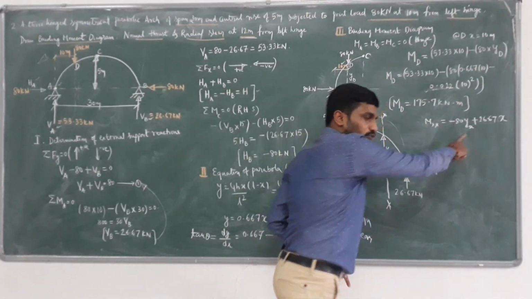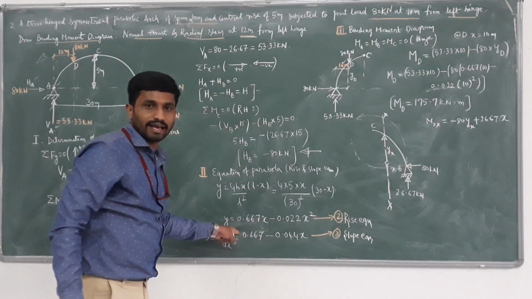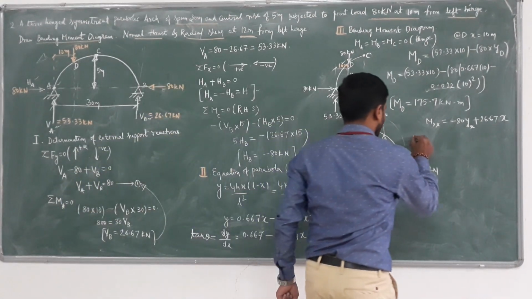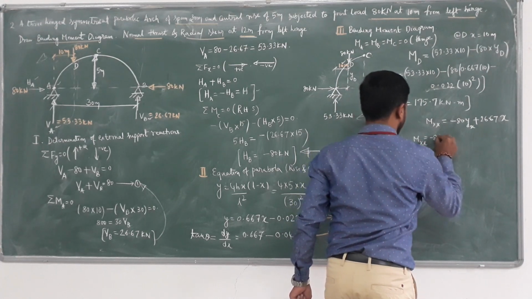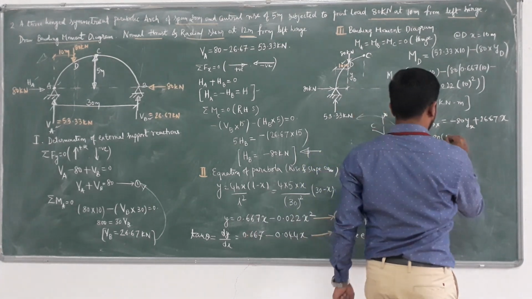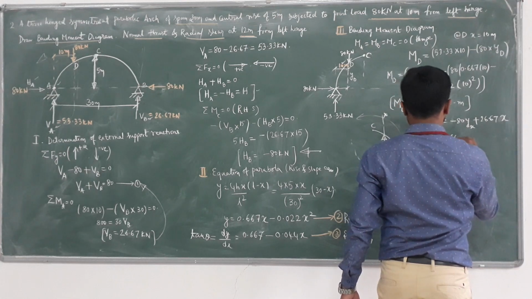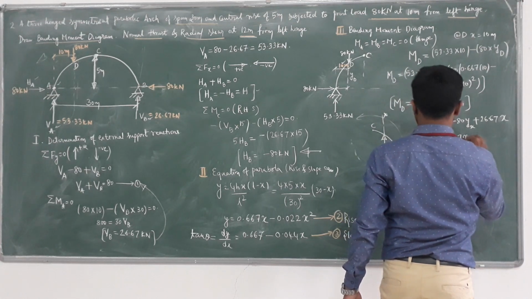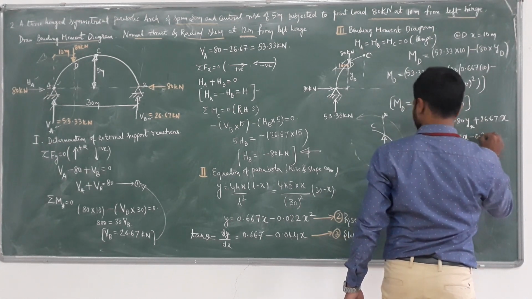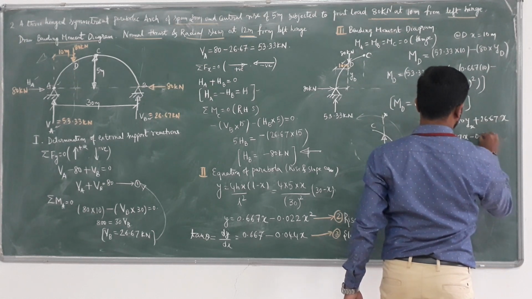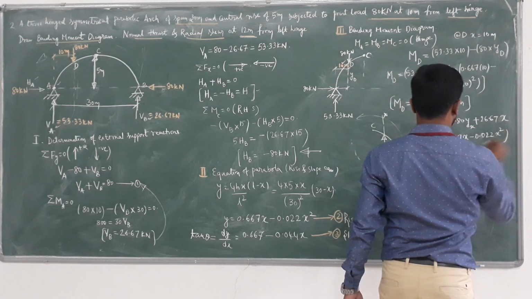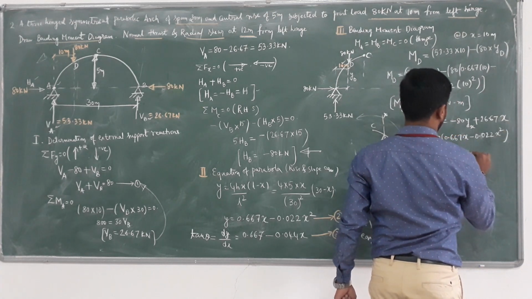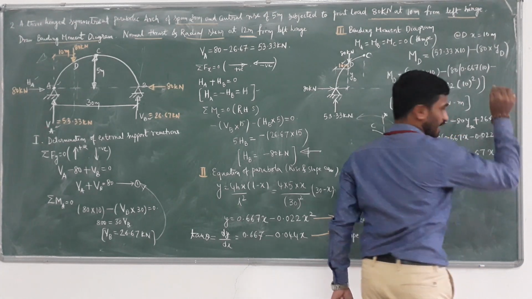Now substitute the yx value. We get Mxx equals minus 80 into 0.667x minus 0.022 x square, plus 26.67x.